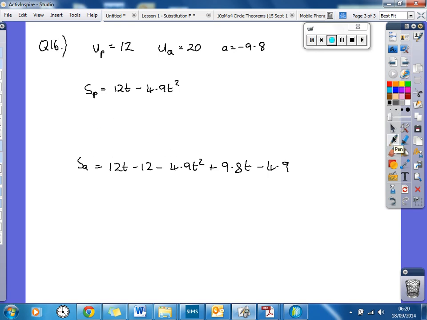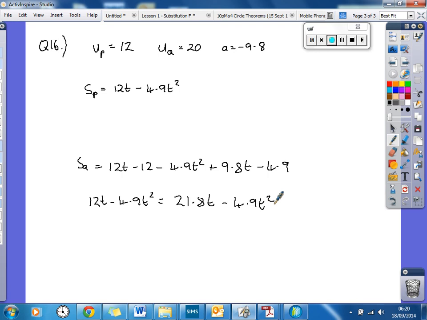We want to know when these two collide, so when they're equal to each other. Let's do a bit of tidying up. 12t plus 9.8t is 21.8t, and we've got minus 4.9t squared.